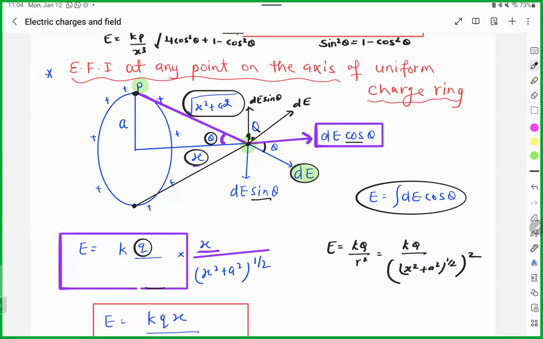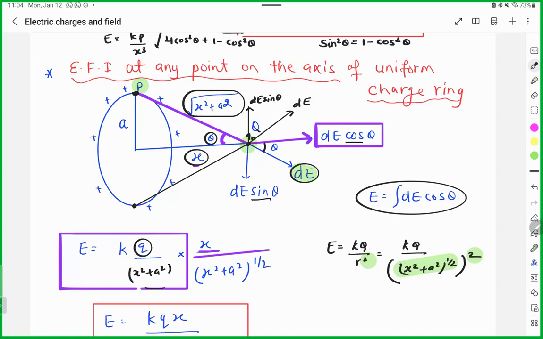The whole square. So here you have R square, so the square and 1 by 2 cancel. Okay, sir. Got it, sir. So that's why this is x square plus a square.